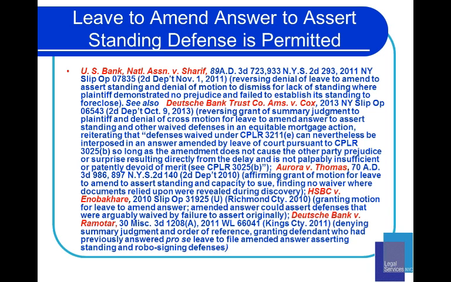And the Second Department has acknowledged that that's appropriate, and in fact, even upon amendment, it has then dismissed cases where it's been established that the plaintiff had no standing. Sharif basically reversed a denial of leave to amend to assert the standing and the denial of motion to dismiss for lack of standing where there was no prejudice to the amendment. That's the basic standard for amendment in general.